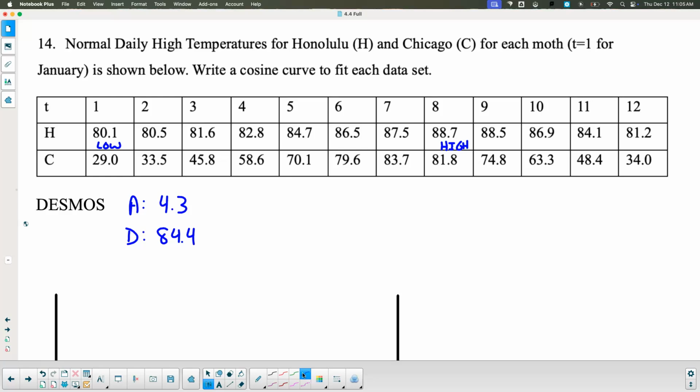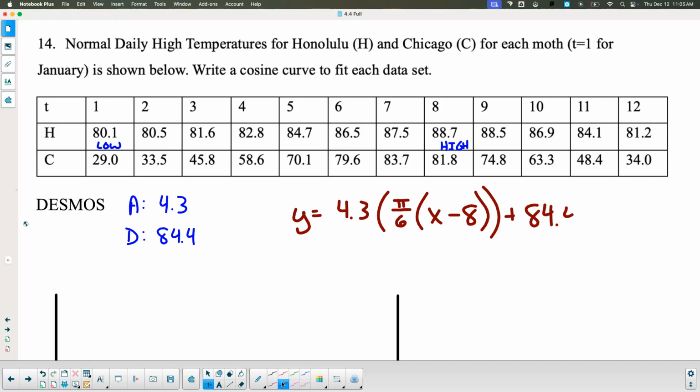Start. You want to do a positive cosine curve, or you want to do a negative cosine curve? Positive one. So that means 8 is going to then be our start. So Honolulu should have y equals 4.3 cosine of pi over 6 times x minus 8 plus 84.4.